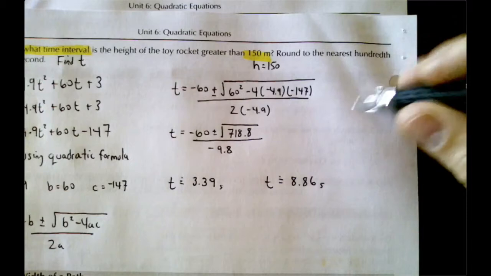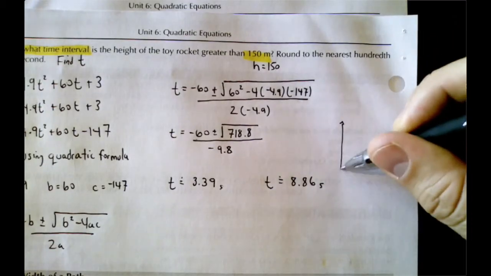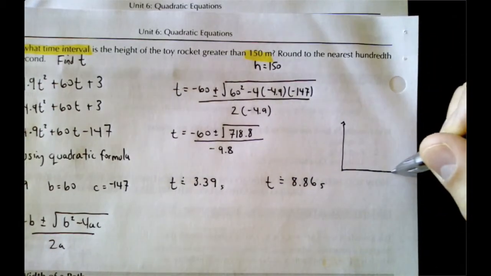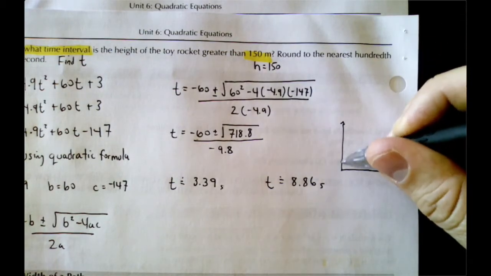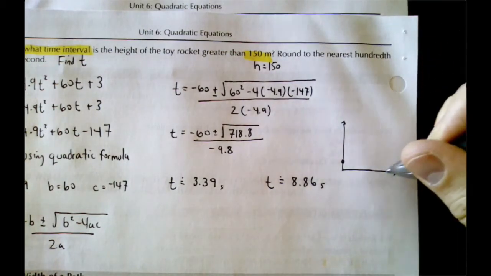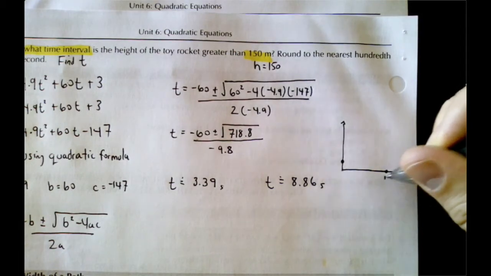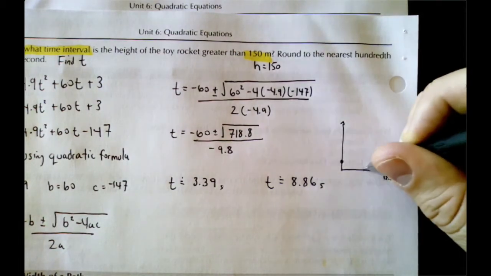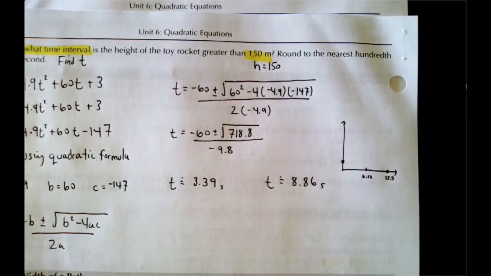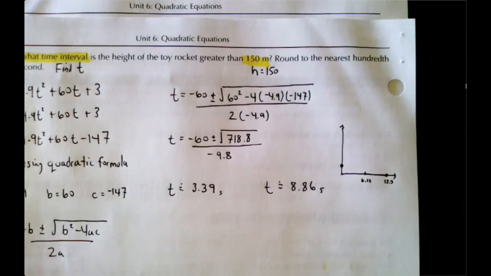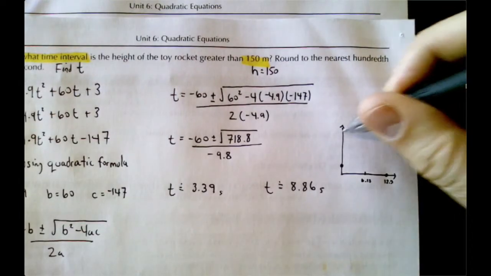So let me draw you a little sketch here. We know our parabola starts at 3 meters. We know it lands at 12.6 seconds. And we know the maximum is at 6.12 seconds. And the maximum height on the last page was, I've already forgotten, 187.